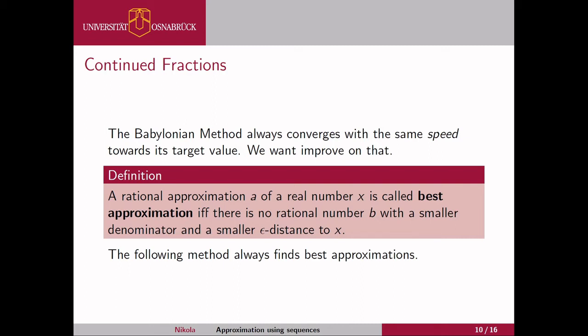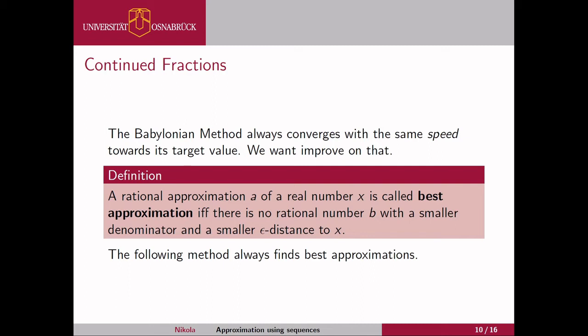What we're looking for is the following. If we have a rational approximation of a real number x, of course, it's an epsilon environment, it is the best rational approximation if there is no number with a smaller denominator which is closer to x.